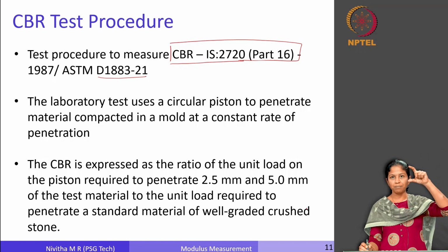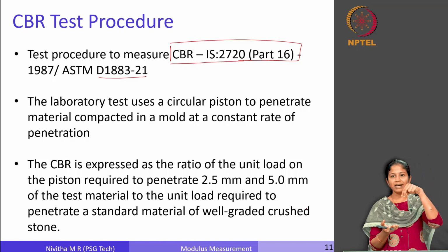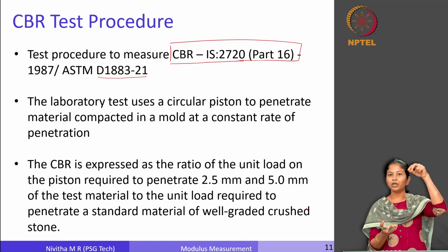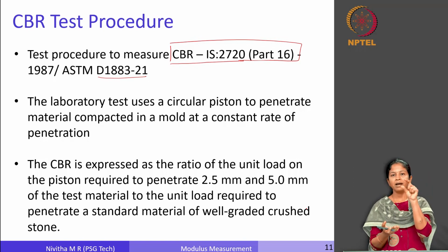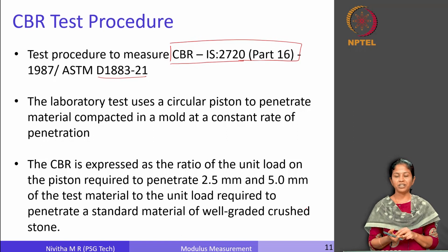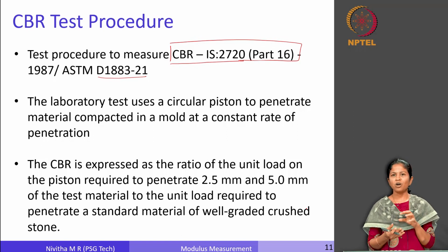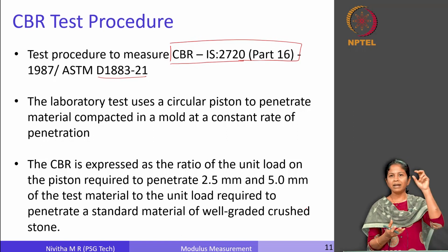It is like I have a plunger, I penetrate into my soil at a constant rate. So how much is the load required to penetrate a given depth? That is what we are going to measure in this CBR test. So if my soil is very soft or weak, I require less amount of load to penetrate a given depth. If my soil is very hard and stiff, I require more load.